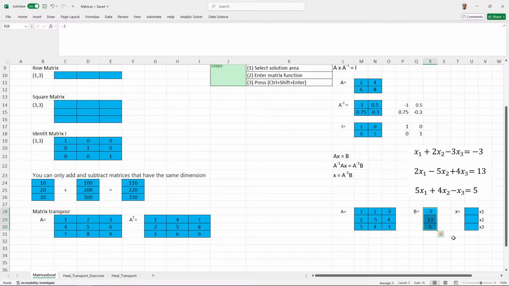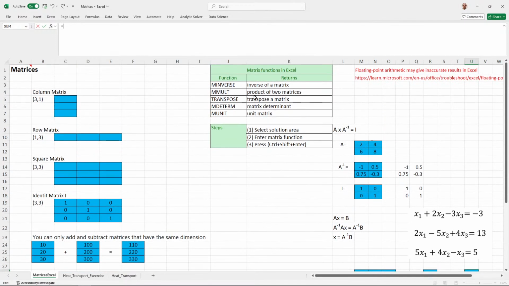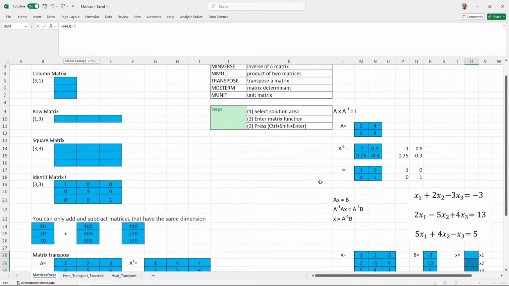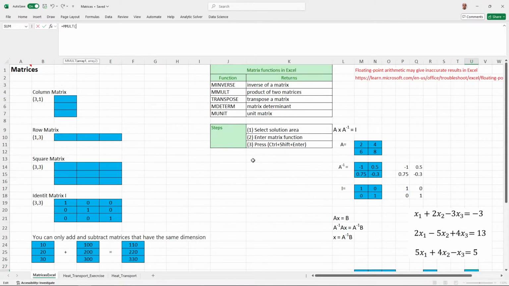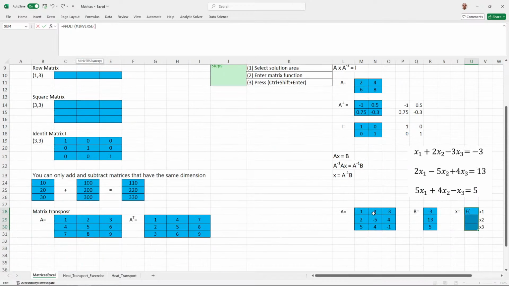I want the solution to be here, so I select these three cells for x, and then I hit equal. I want the inverse of this multiplied by this, so I want to do a multiplication. So this is MMULT. What do I want to multiply? The inverse of this matrix. So you select MINVERSE here, the inverse of this matrix.